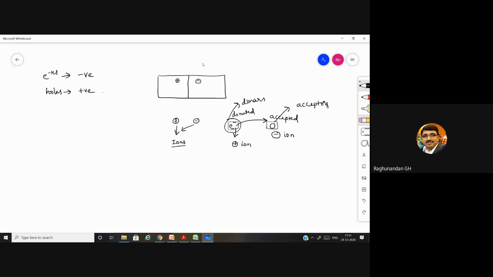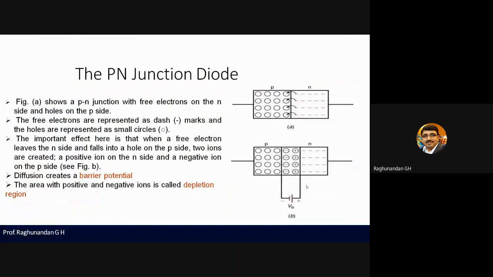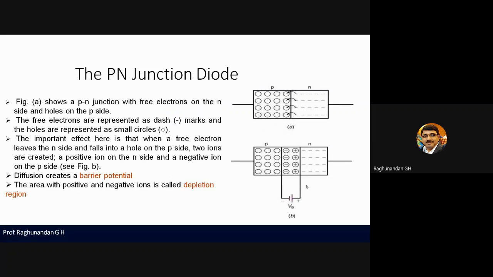That means we have donated one electron, or we have accepted one electron. That you should understand. So coming to this PN junction diode, all of you understood these basic things? Yes, sir. Okay, coming to the PN junction.